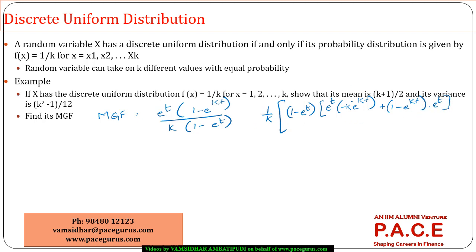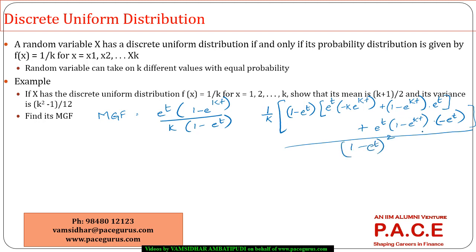So this is the numerator part. Then again we have e power t into 1 minus e power kt, the denominator part is minus e power t. This entire thing is divided by 1 minus e power t whole square.